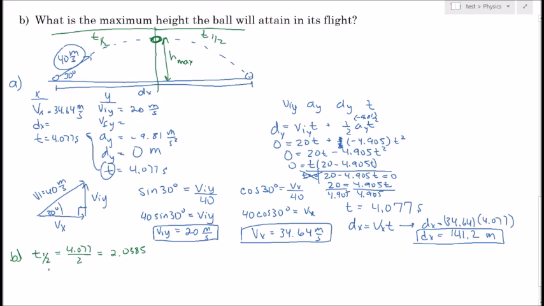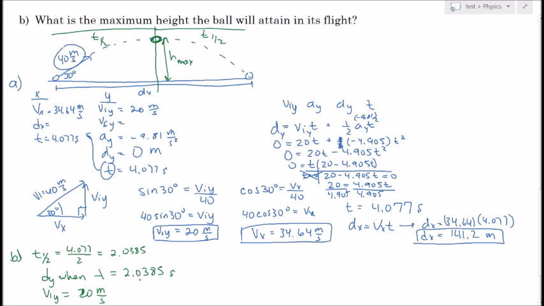So I'm looking for dy when time is equal to 2.0385 seconds. We know that the VIY is not going to change. We're still using the same motion, so it's still being kicked off or hit at the same exact rate.